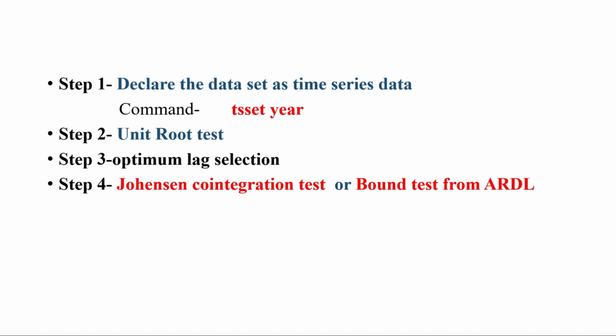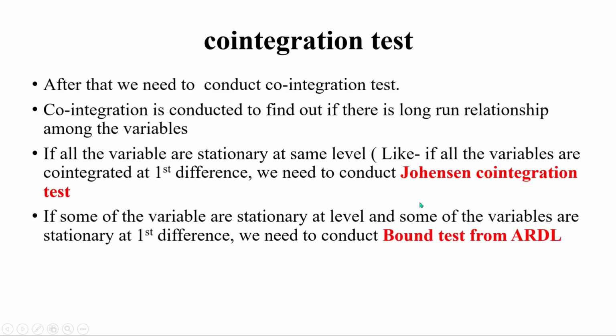After selecting the optimum lag, you need to conduct either the Johansen Cointegration test or the bound test for ARDL. The cointegration test is basically conducted to find out the long run relationship among variables.